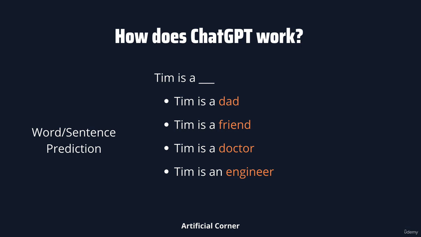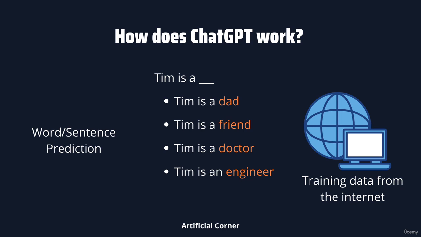ChatGPT also randomizes some outputs so that the answers for the same input might be different. You can try asking the same question I asked about artificial intelligence to ChatGPT, but you will probably get a different answer. All this word prediction is based on its training data.